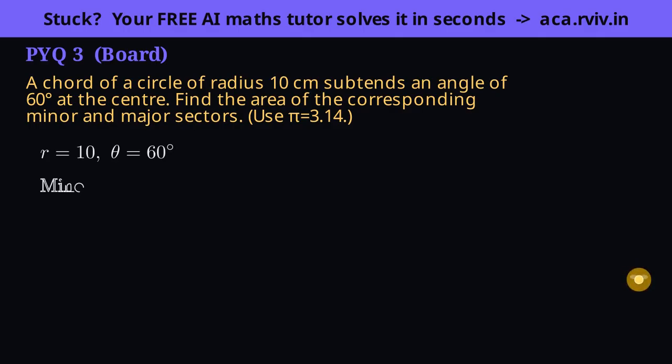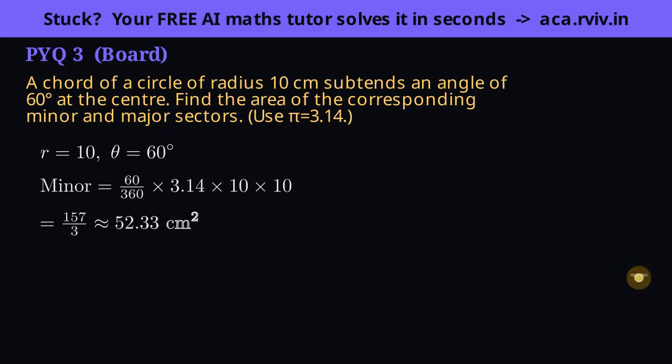The minor sector is the 60-degree slice, 1/6 of the circle, using pi as 3.14. 1/6 of 3.14 times 100 gives 157 over 3, about 52.33 square centimeters for the small sector.